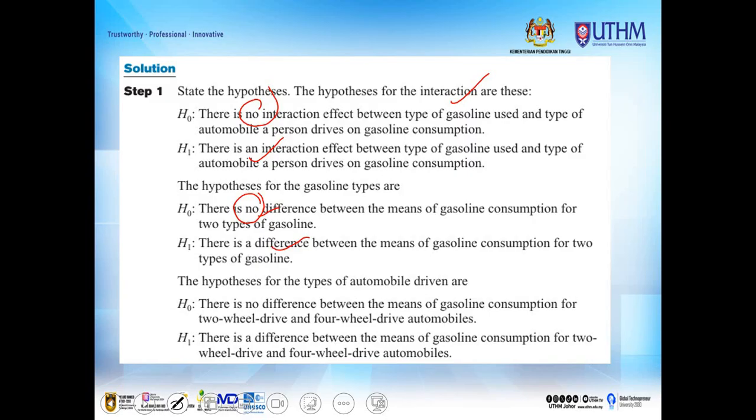And then the last one, type of automobile driven: the null is that there is no difference between the means, and the alternative is that there is a difference. So the alternative hypothesis is the opposite of the null.